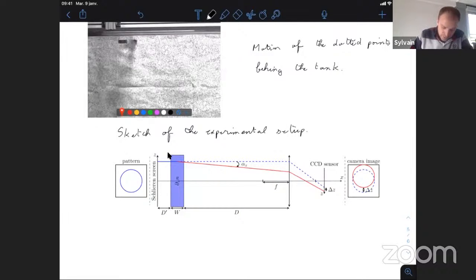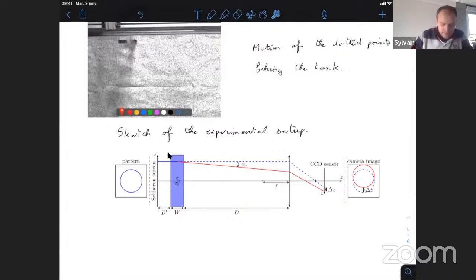And if you have a gradient of index of refraction in the tank, when you look with the camera here, and this is the CCD sensor of the camera, the ray is bent because of this gradient of index of refraction.